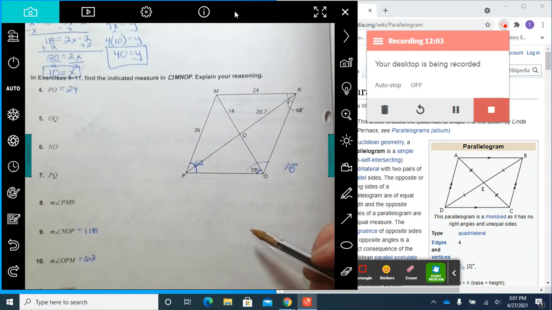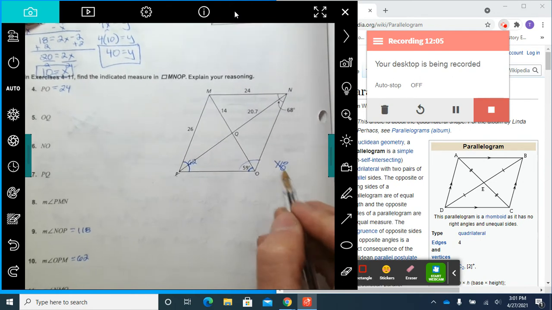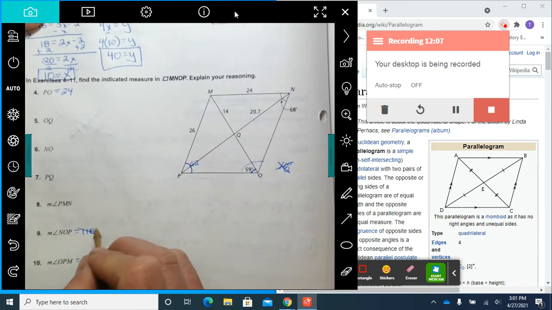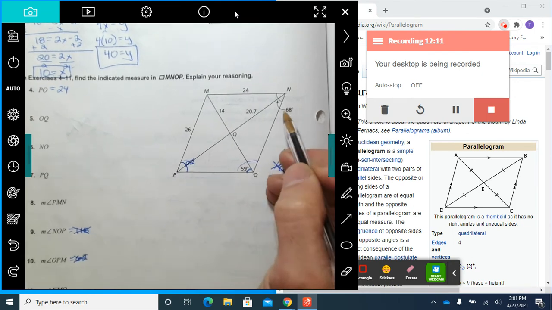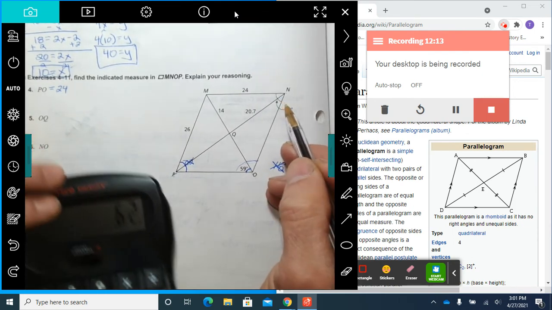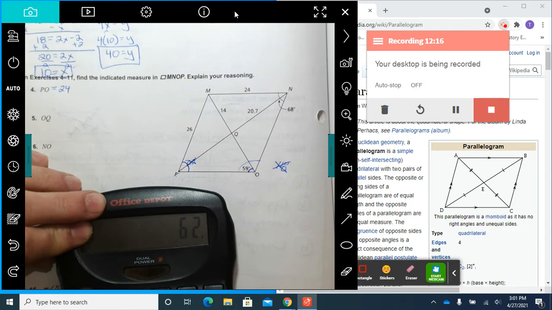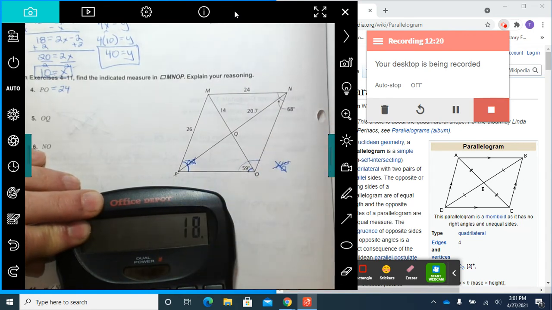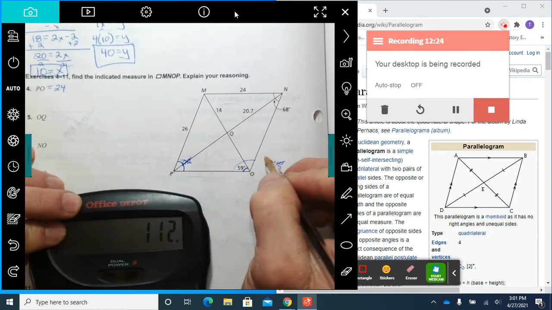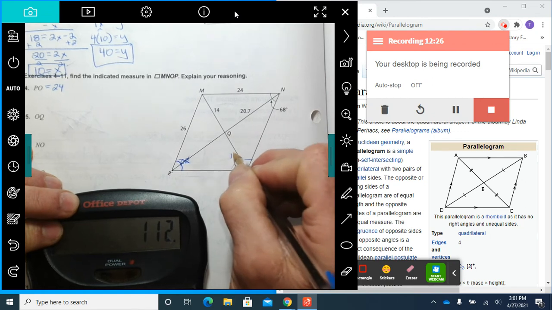So, oh, it doesn't bisect. This isn't 118. That's my problem. Sorry. That is not 118. I have to do 68. Sorry. So these two add up to 180. So 180 minus 68 equals 112. So this whole angle is 112.